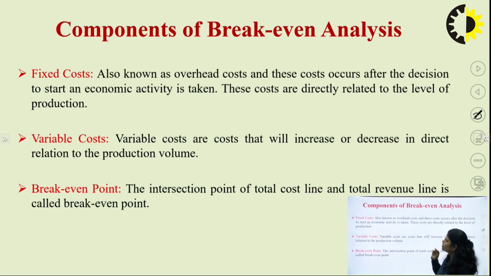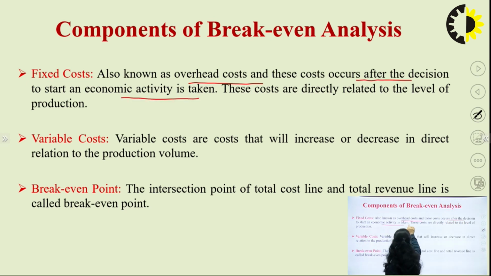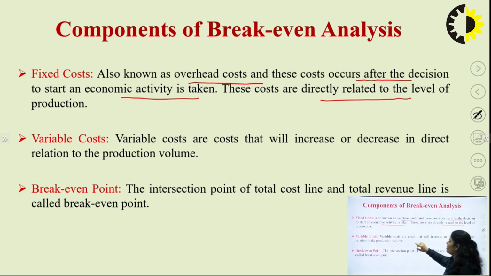Before discussing the break-even point, we will see the components of the break-even analysis. First, we have the fixed cost. What is the fixed cost? Basically, it is known as the overhead cost also. These costs occur after the decision to start an economic activity is taken, and these costs are directly related to the level of production.